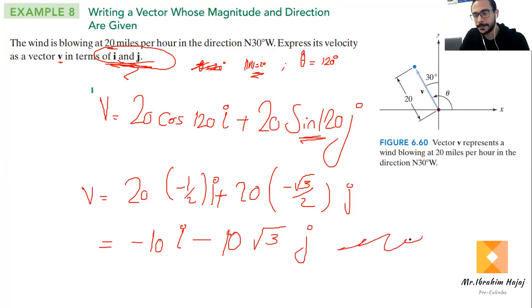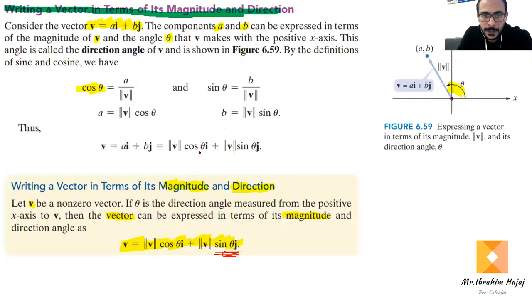Yes, Mr., how is theta 120? Theta is 120 because north west is in the second quadrant, north 30 west. It always starts from the positive part of the x-axis. Let v make angle theta with the positive x-axis; this angle is called the direction angle.